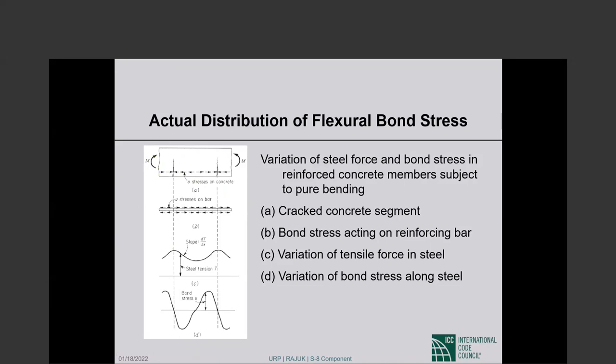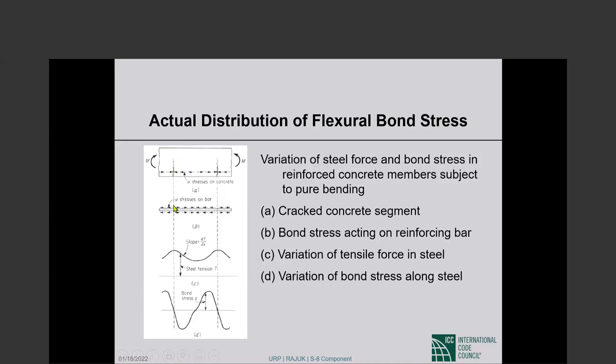Between the cracks, the directions of the bond stresses can be seen. Those directions are important to understand, and outside of the cracks also the directions. Figure B has bond stresses acting on the reinforcing bars.